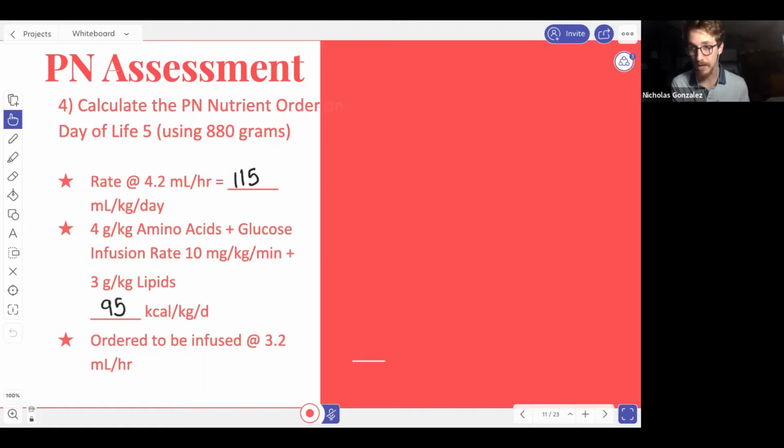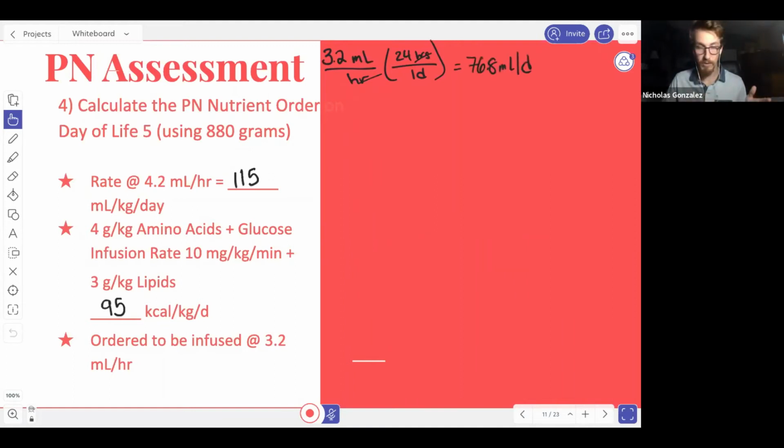But before we do any of that, we need to figure out what the volume is that this infant is going to be receiving based off of the rate of 3.2 milliliters per hour. So this is just like we did before. That's per hour. We need to know for the whole day. There are 24 hours in one day, and that's going to give us 76.8 milliliters per day.